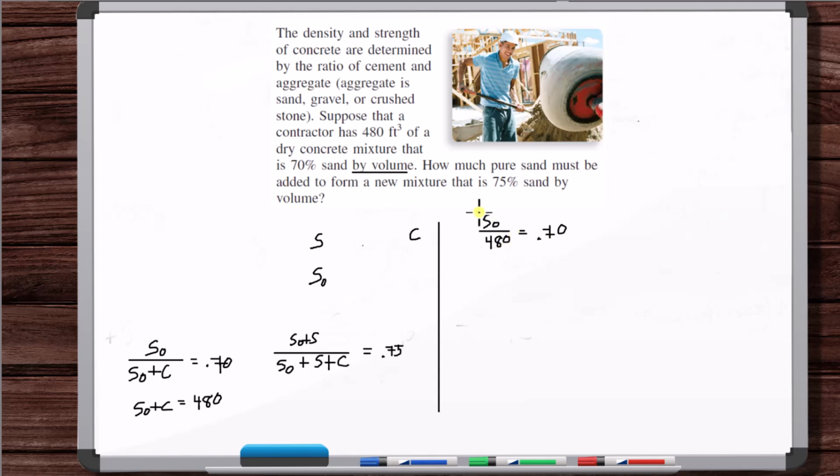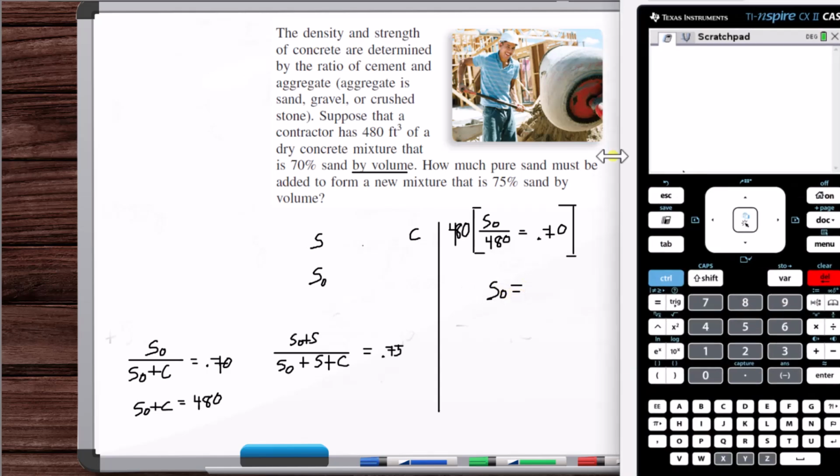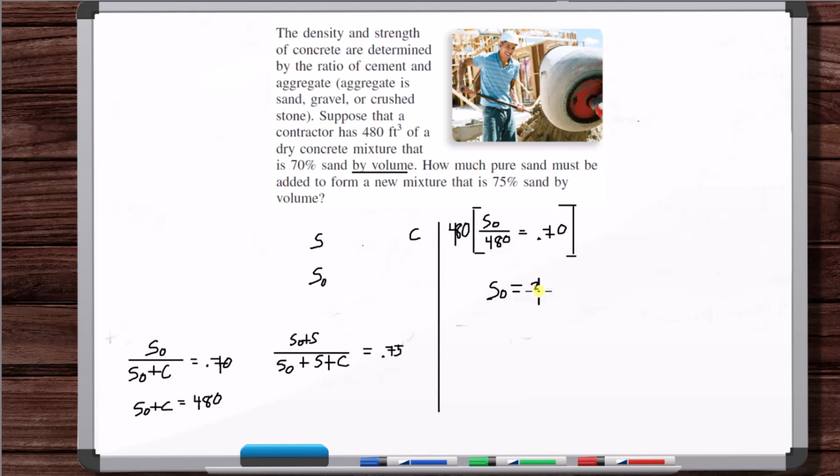To solve, if we want to isolate this S naught, just multiply both sides, same idea. You're multiplying this side and this side by 480. So S naught is equal to 336. And this is going to be what? Cubic feet.